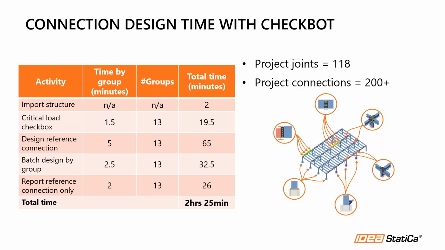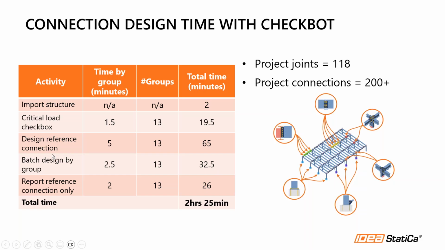For instance, when we clicked on the critical load checkbox, it took on average 1.5 minutes to let the software think and identify the critical loads in the different groups, right? So I'm multiplying the time by group and then by the number of groups, and here I have a column of the total time for each action.